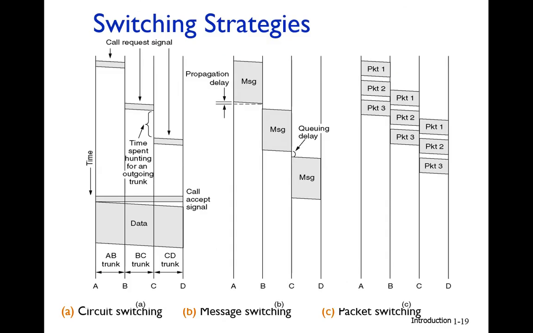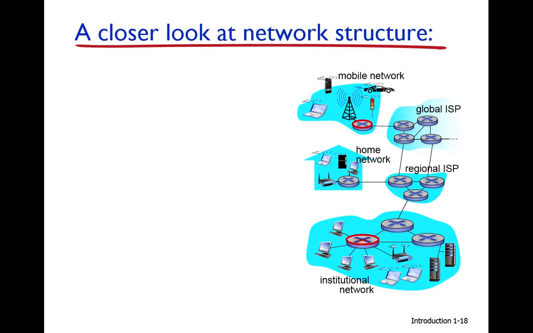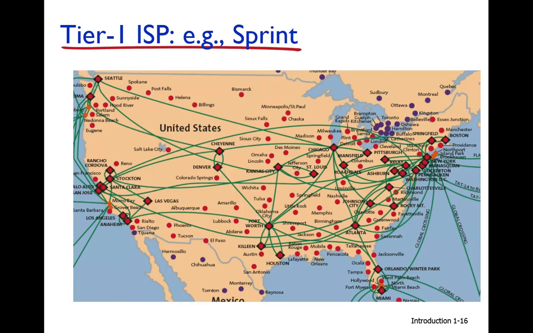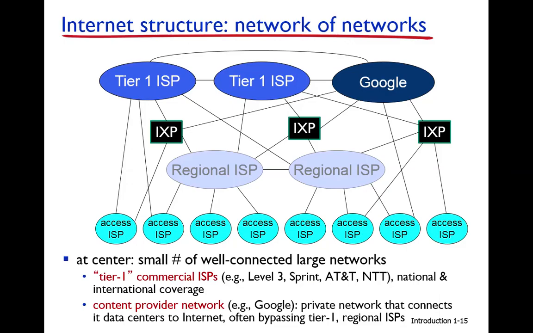The ISP, the internet structure and their interconnection is a complex topic. I tried my best to explain it in a few words, but again I will emphasize that you must study it in the book.